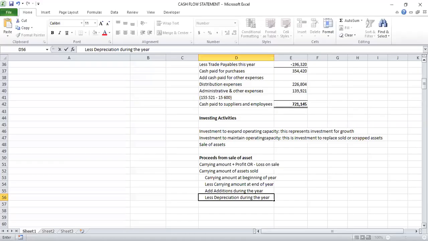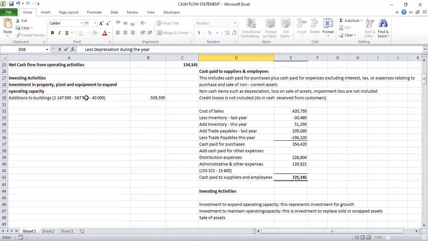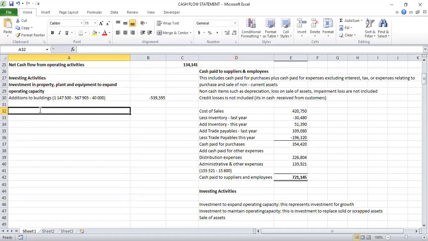So we'd simply say, remember it was sold at carrying amount, so we can say proceeds from sale of machinery. We'll get that carrying amount. They said that they were sold at carrying amount.